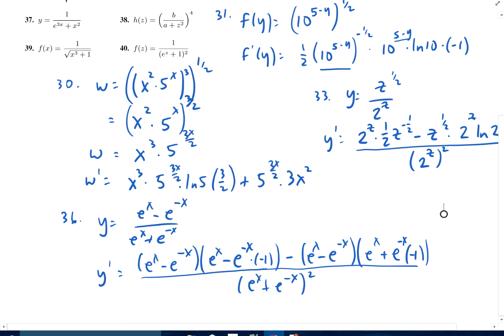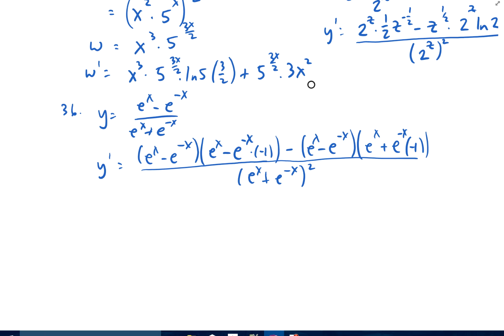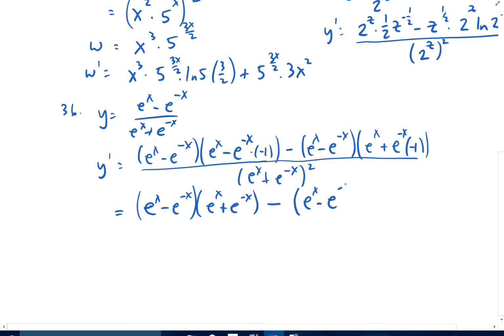Let's see what we got here. How does this all work out? Let's see, this becomes, I'm not going to simplify it a whole lot unless something nice happens. That times e to the x plus e to the negative x minus e to the x minus e to the negative x times e to the x minus e to the negative x.